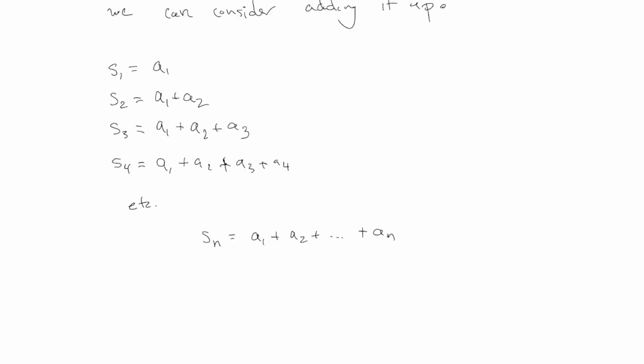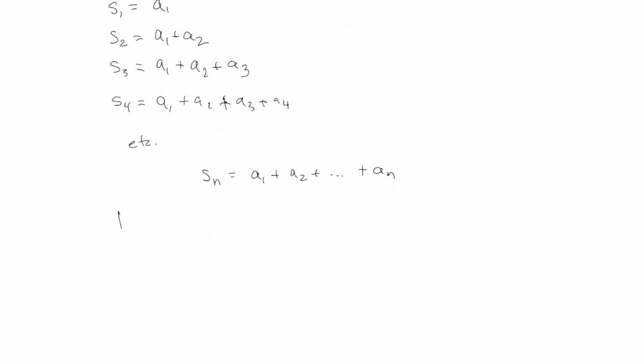This is a new sequence, and it has a name: the sequence of partial sums. Partial sums, meaning it's not that I'm adding together all of the terms, because I'm not. Each of the S's represents adding together only a part of the sequence.